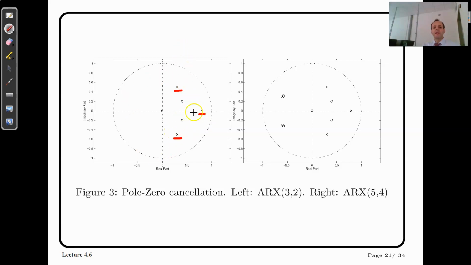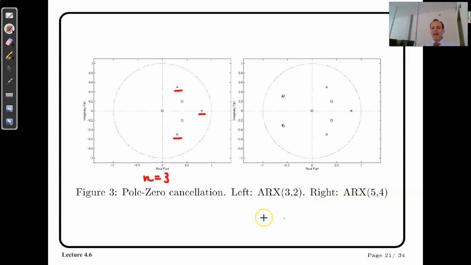So this model is of order n equal to 3, because it has a real pole and two complex poles.